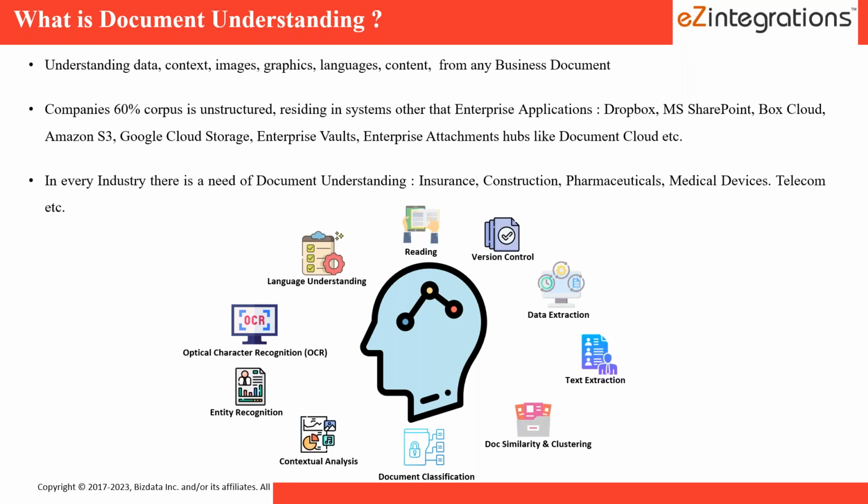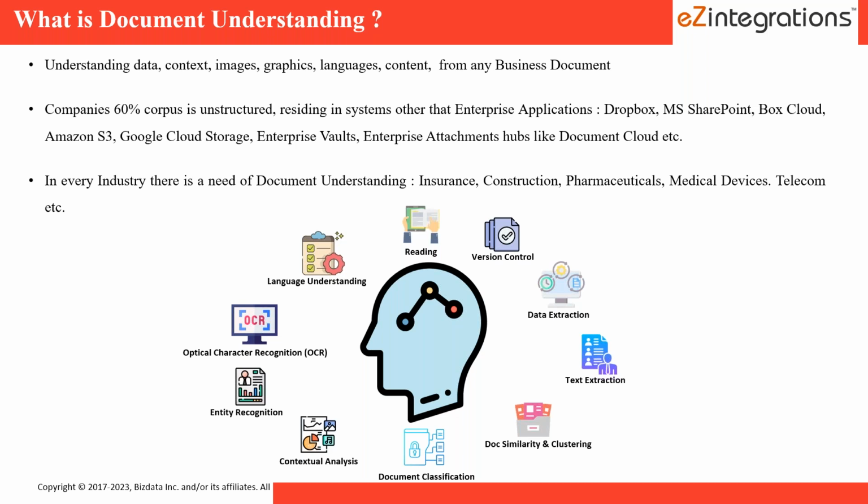Typically, with all these documents where we try to extract data, we do it by our own brain exercise. We read the document, understand that document, and then extract the information.